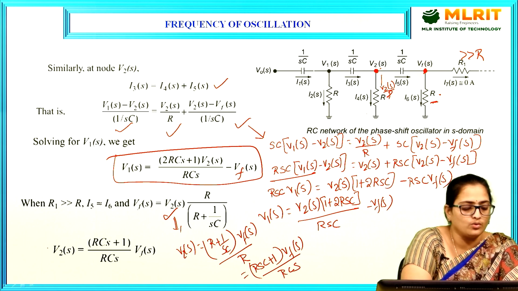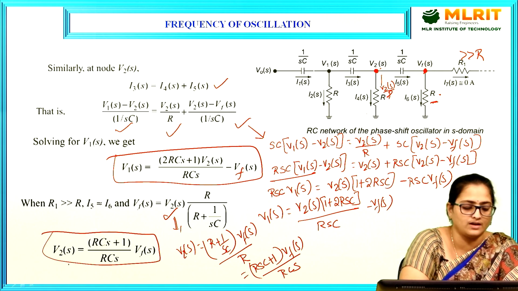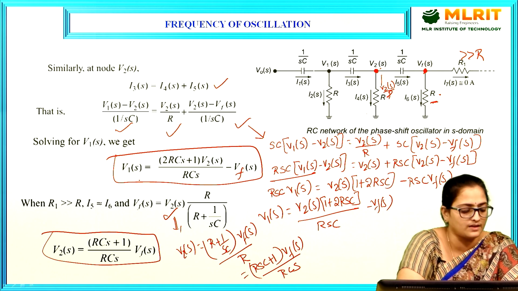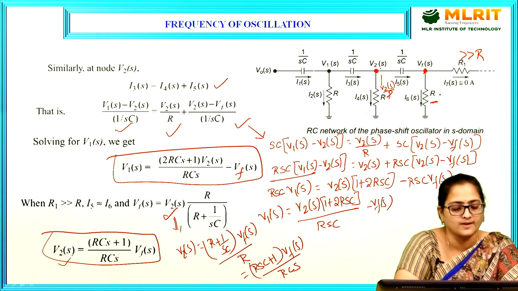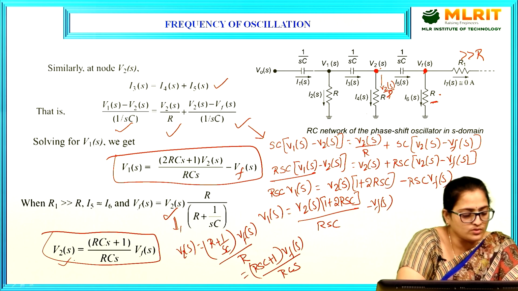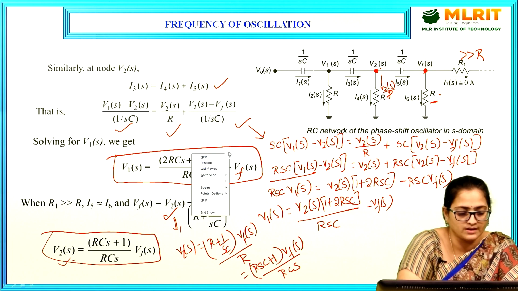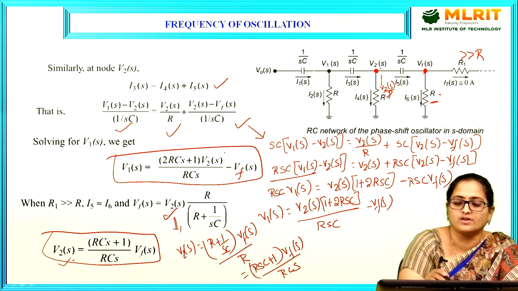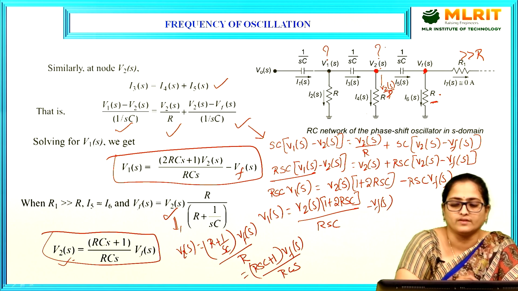So you got three equations: two as V1(s) in terms of V2(s), and another one we got in terms of V2(s). Now this equation consists of V2(s). You substitute this V2(s) in the V1(s) equation here, and also the V1(s) which we determined across the node V1(s).